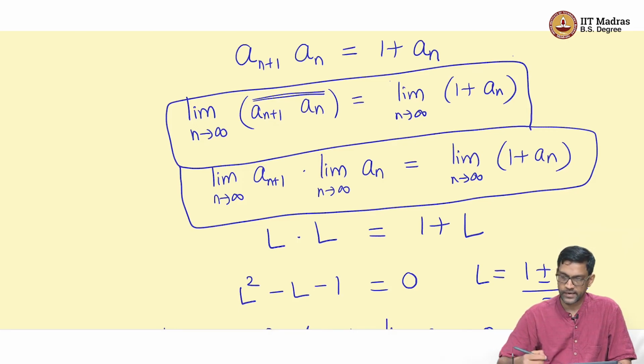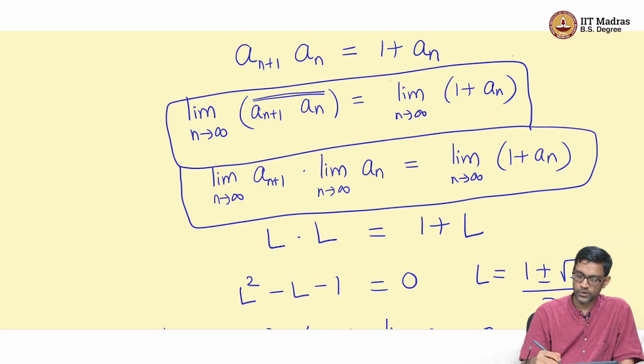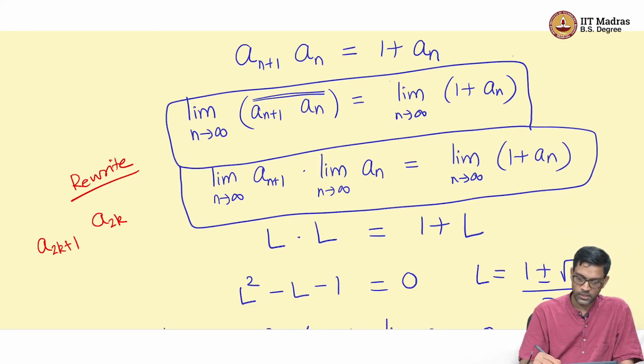So let's rewrite it as a_(2k+1) times a_(2k) equals 1 plus a_(2k).